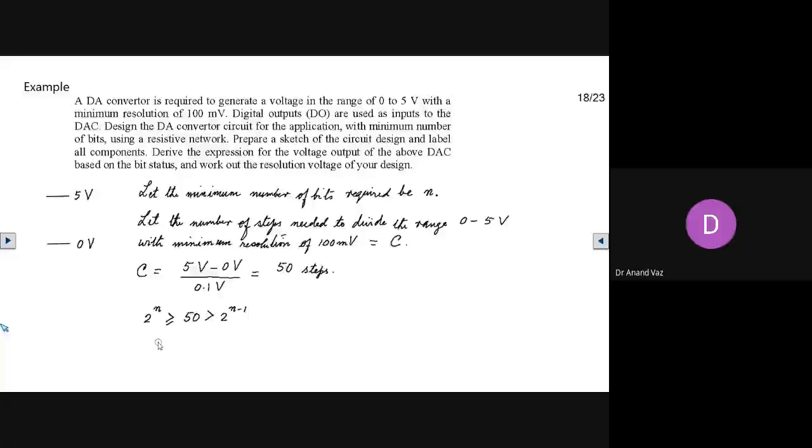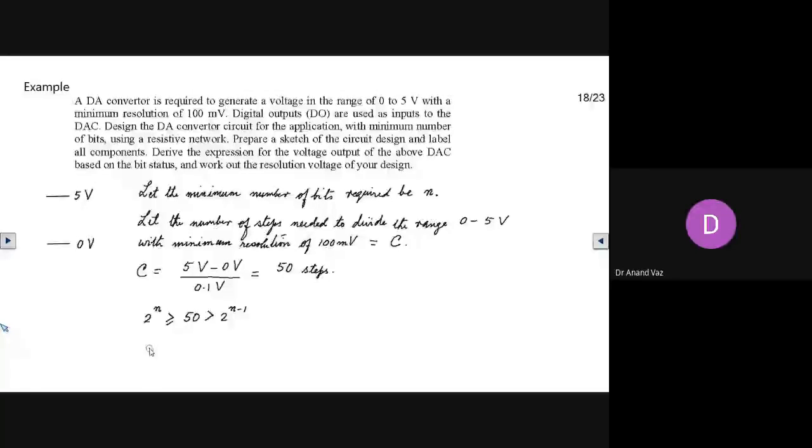We can take n as equal to 6. If we take n as equal to 5, 2 raised to 5 is 32. So 32 will not serve the purpose.